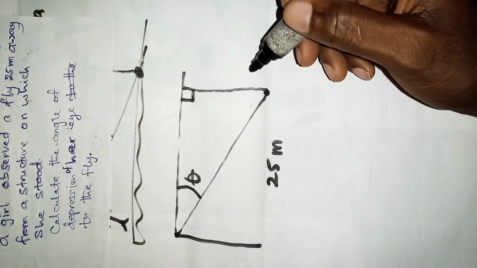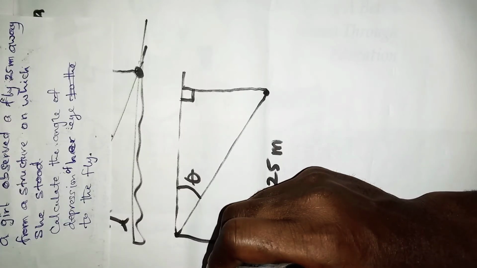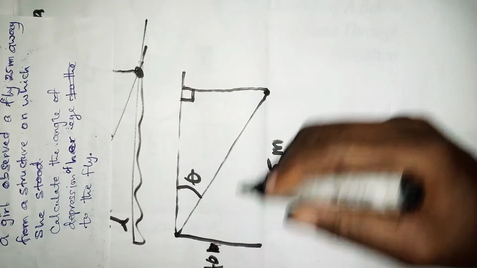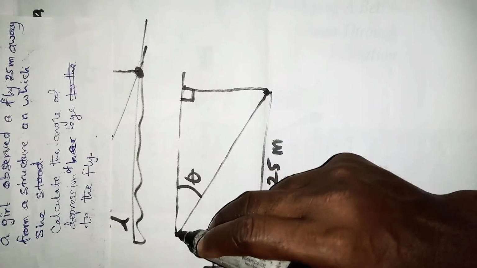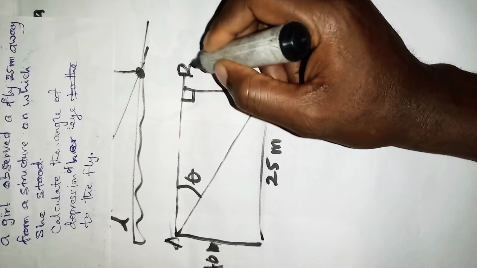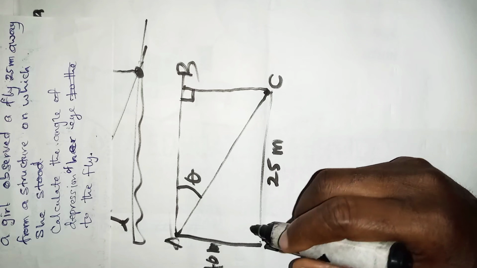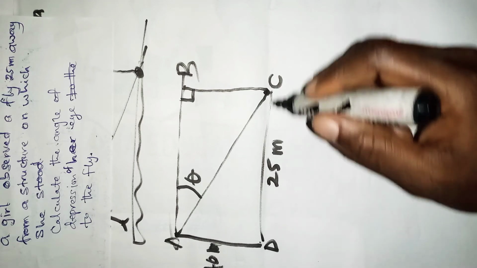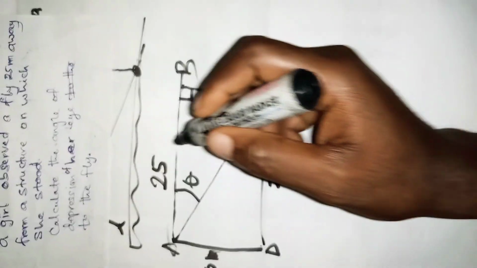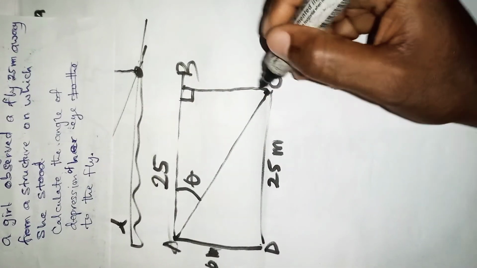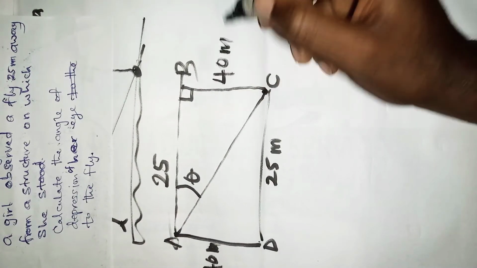But then the height of this structure is said to be 40 meters. So taking into consideration the sides A, B, and C, then D this way, the distance from C to D is the same as A B. Similarly, AD is the same as BC.